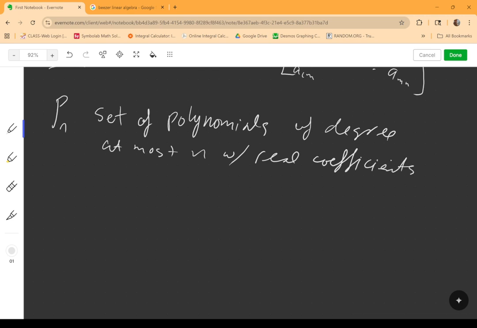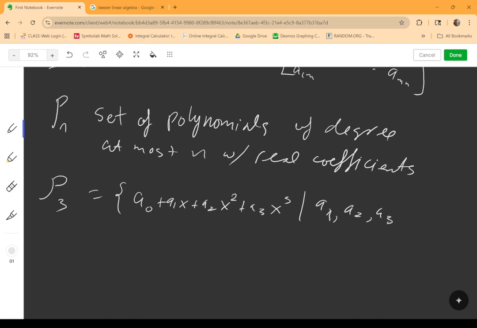For our sake, I'll just deal with real coefficients. The textbook goes into complex coefficients, but we won't worry about those. So for example, P3 would be all polynomials that look like a0 plus a1x plus a2x squared plus a3x cubed, such that the a's are elements of the real numbers.